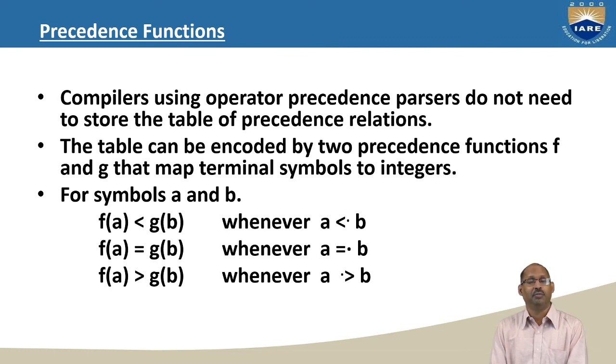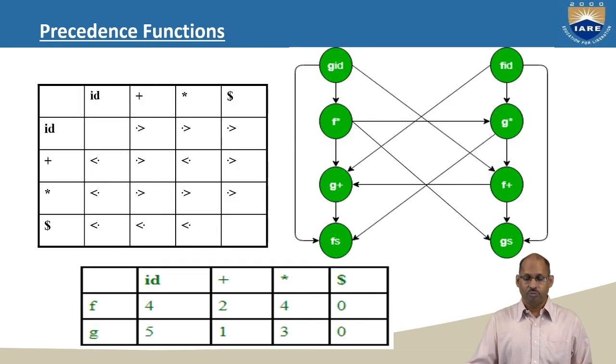So we will convert the operator-precedence table into a smaller size, and it will map to integer values such that we can compare the stack symbol and input symbol relations with simple integer comparison, so that we can perform the shift reduce parsing method in this operator-precedence parsing method. Okay.